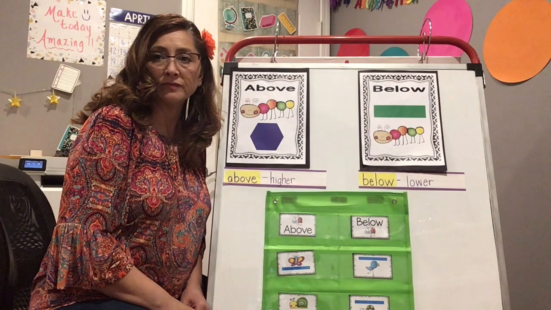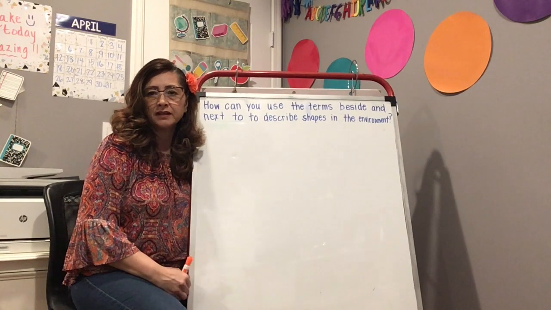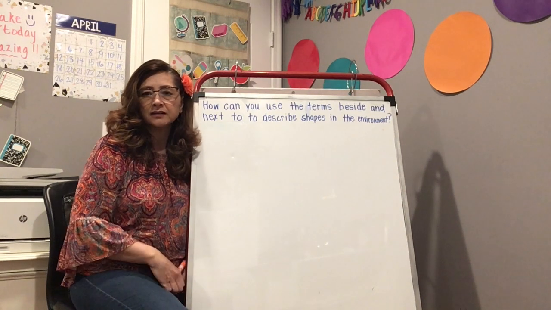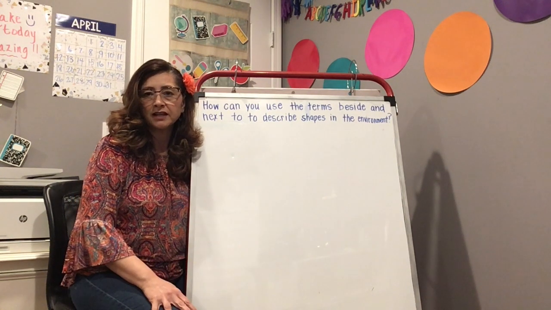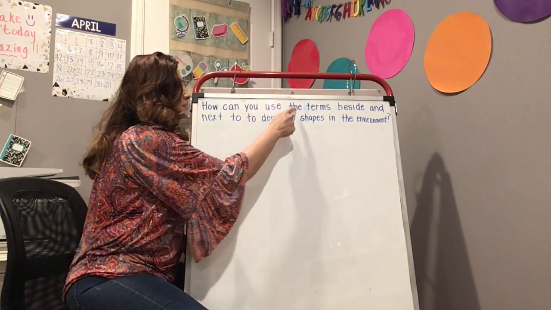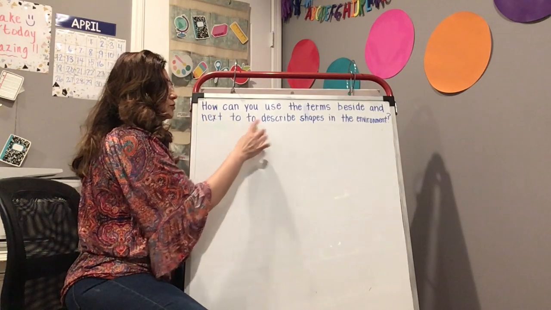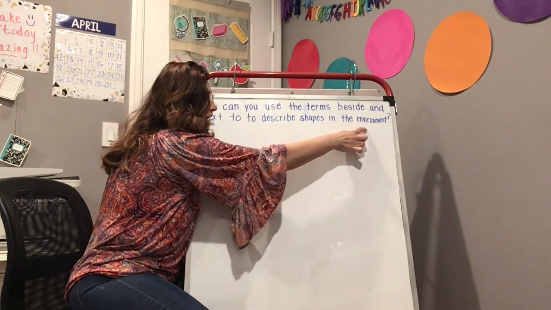Great review. Now, boys and girls, that we have completed our review, we can take a look at our essential question for today. Let's read that together. How can you use the terms beside and next to describe shapes in the environment?